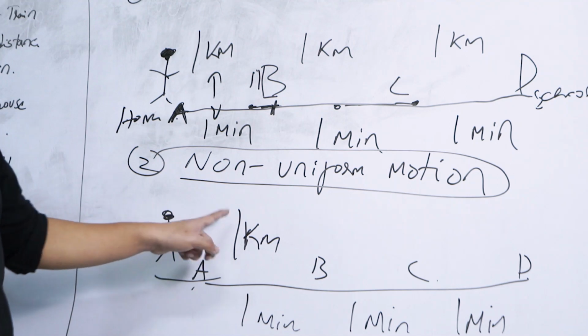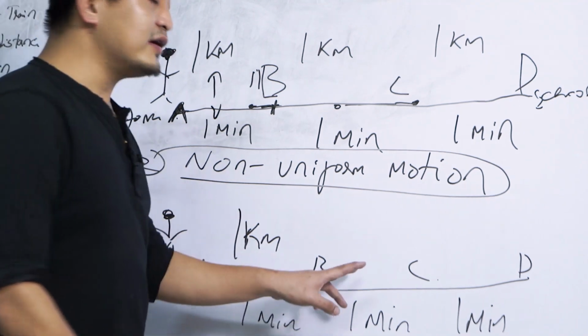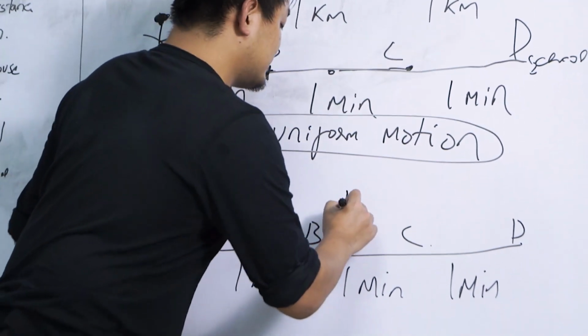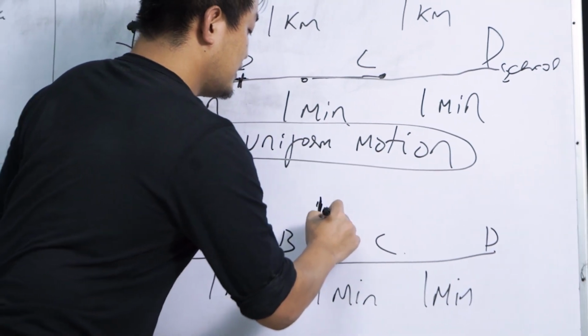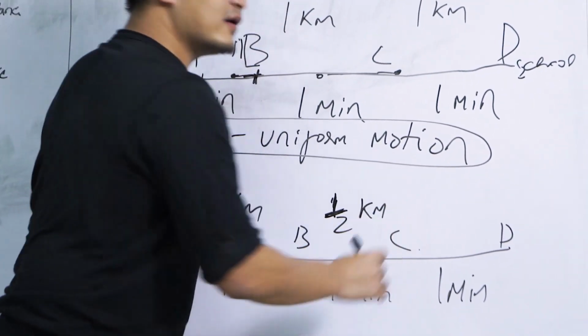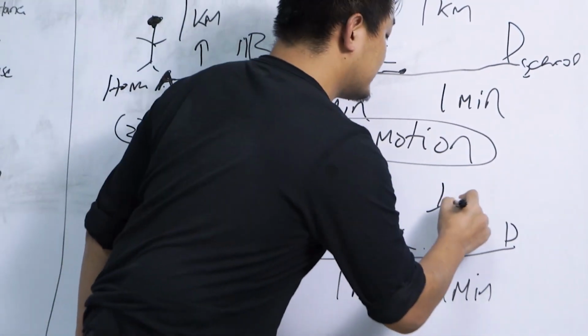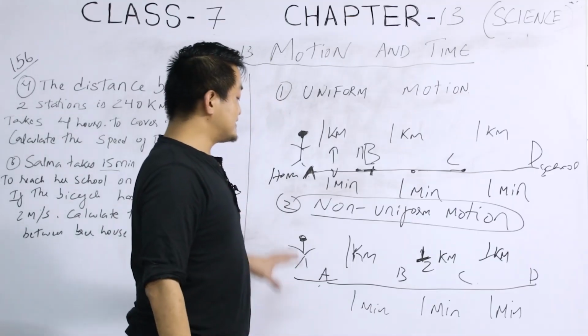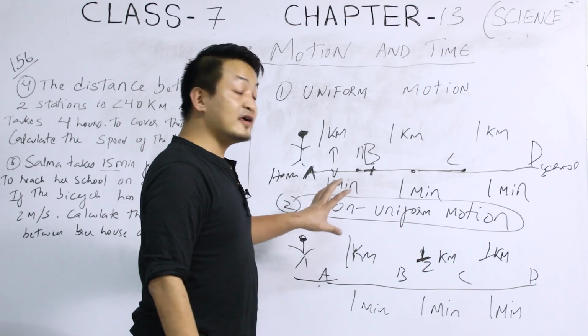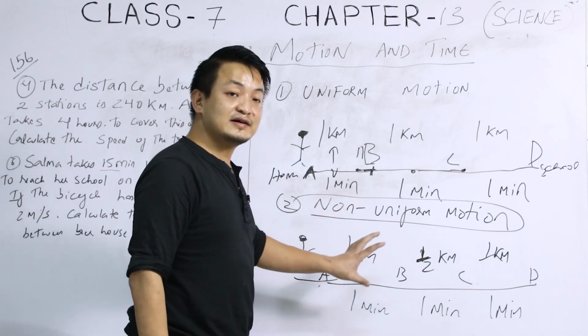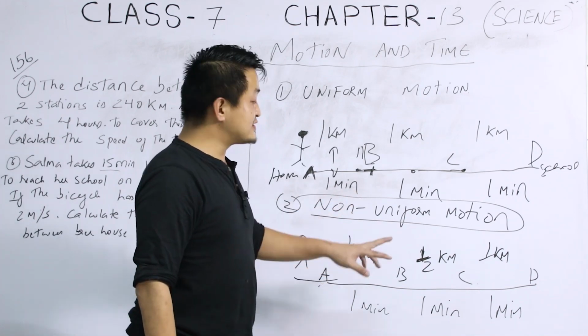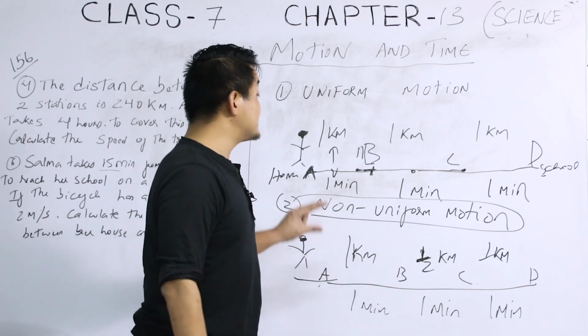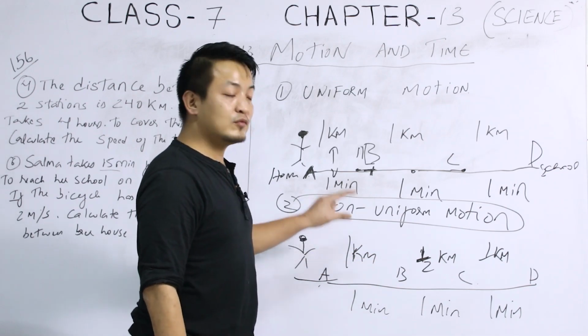And here he covered only half a kilometer. And here he covered another 1 kilometer. That means if we check the distance and the time, it is not equal. So this is an example of non-uniform motion.